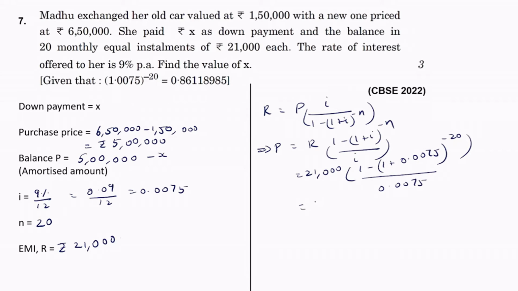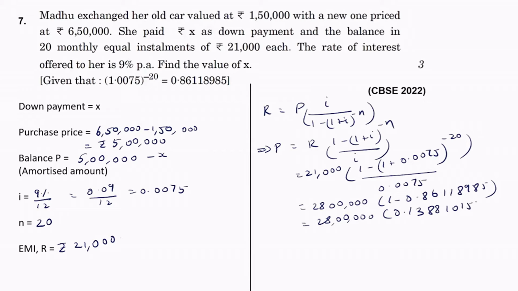So this is 21,000 by 0.0075, which is 28 lakhs, into 1 minus 1.0075 whole raised to minus 20, which is 0.86118985. So this is 28 lakhs into 0.13881015.